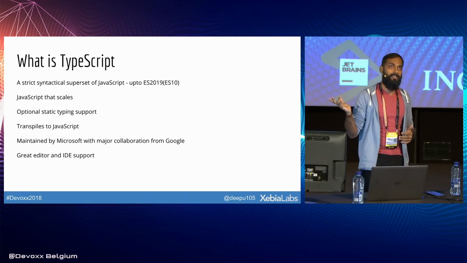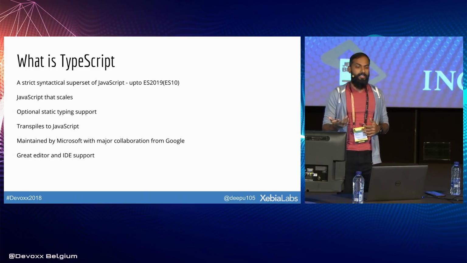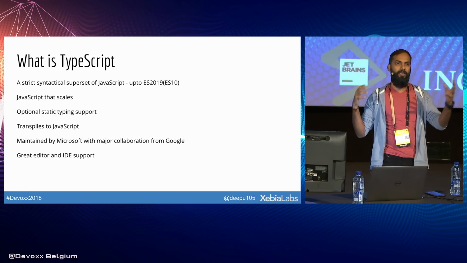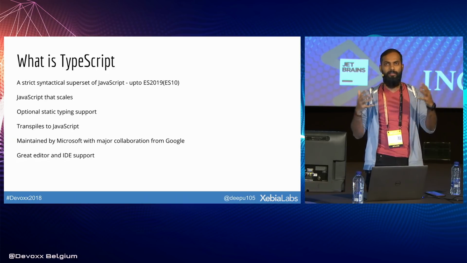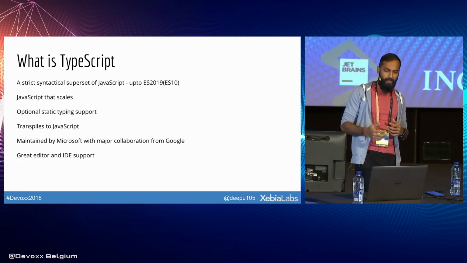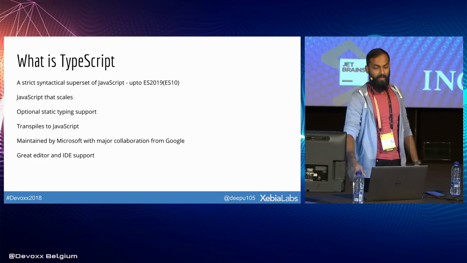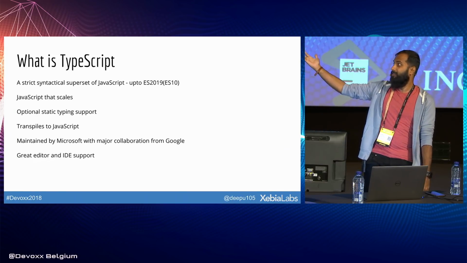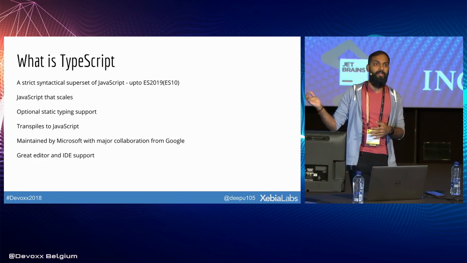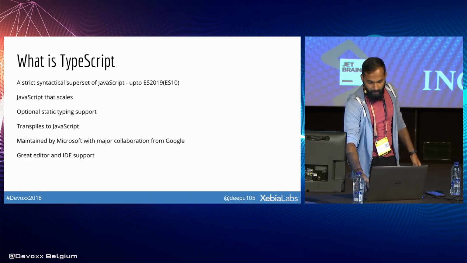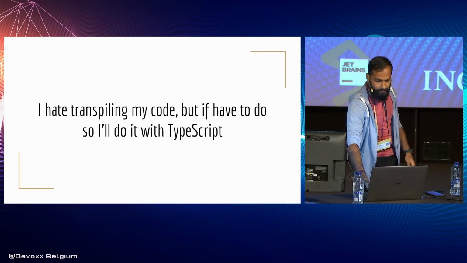It transpiles to JavaScript. It is maintained by Microsoft, and there was a huge effort from Google as well in the beginning, and I think the collaboration is still ongoing. There is a huge community behind TypeScript as well. And of course, the last point is, I think, the most important for developers: it has great IDE and editor support compared to JavaScript. I will show that later.